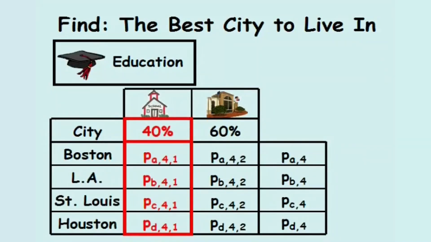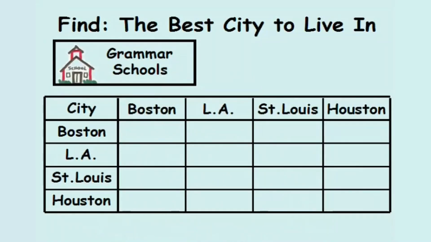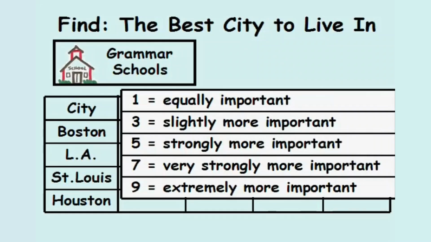Let's begin with calculating the weight vector for grammar schools. Comparing the cities to each other with respect to grammar school education, the ratio scale judgments 1 through 9 are used, as before, where 1 represents equality and 9 represents extreme difference.